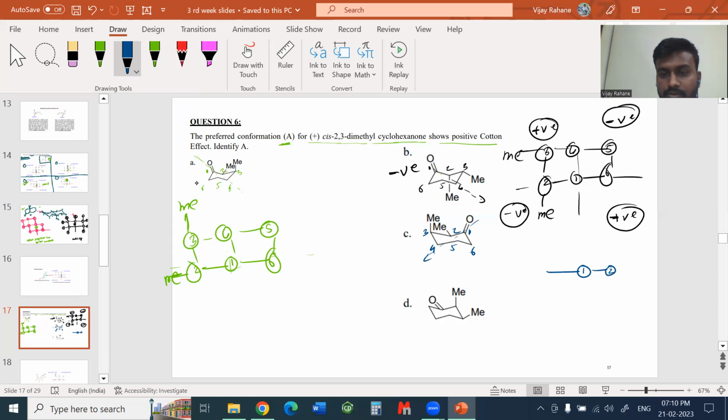So here is 2 equatorial methyl, and another methyl attached axially. So this one is attached axially at 3. So these are on the axis, so they don't show a Cotton effect, right? And the option D, right?